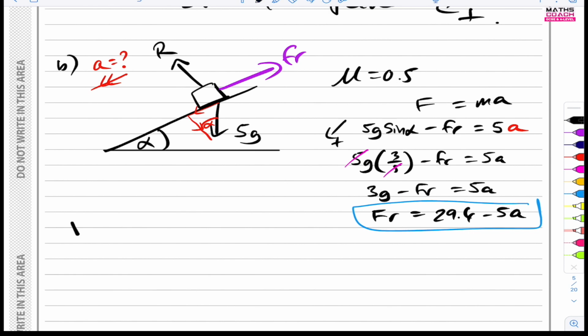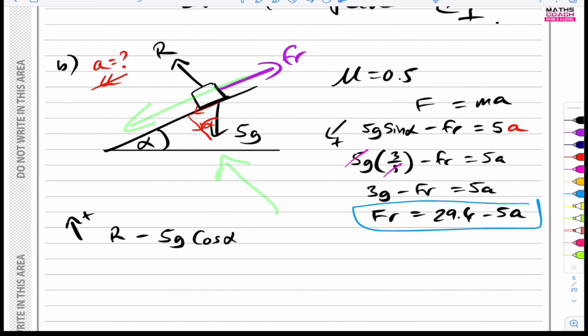Now, we resolve going up like that. What do we have? We have 2 forces. So it's going to be R minus 5g, again that's going to be cos alpha. Now, do we have an equal ma here? We do have an equal ma, but is it equal to 0 or is it equal to mass times acceleration? Well, this thing is moving this way. There's no movement in that direction.